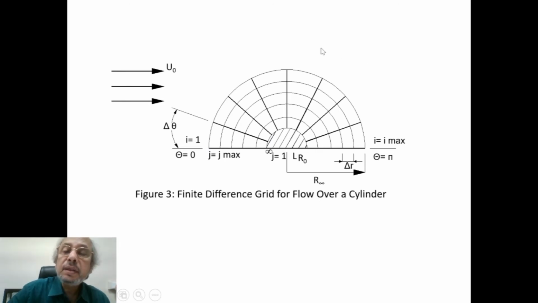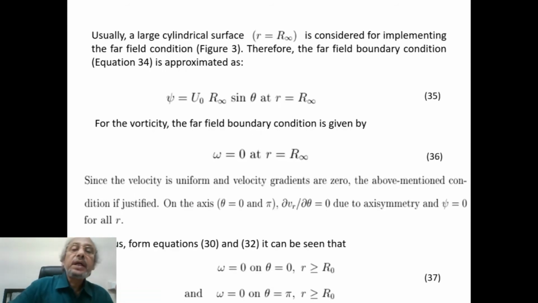This r can be very large, and the grids in the theta direction are counted by i equal to 1, 2, 3, similarly up to i max, from theta equal to 0 to theta equal to pi, and j equal to 1, 2, 3, 4, up to covering the entire r infinity. So r equal to r infinity is considered for implementing the far field condition in this figure.